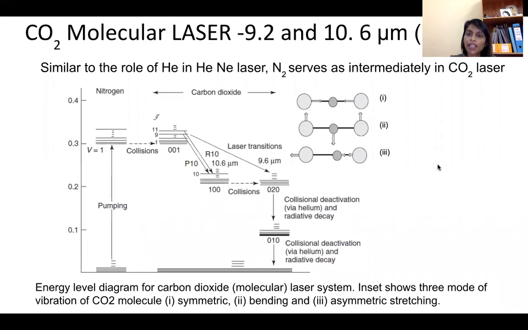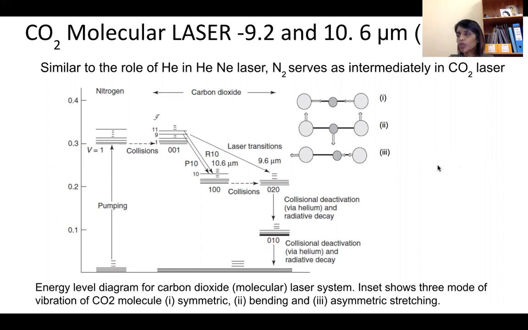This is carbon dioxide that can produce lasing in the IR region. Similar to the helium in the helium neon laser, nitrogen here serves as an intermediate in the carbon dioxide laser. So first it is filled with a mixture of carbon dioxide and nitrogen.